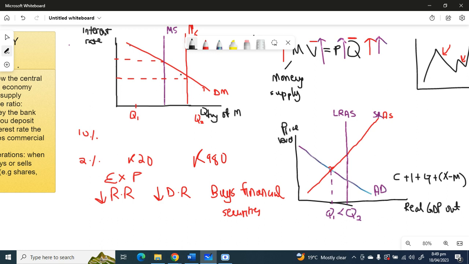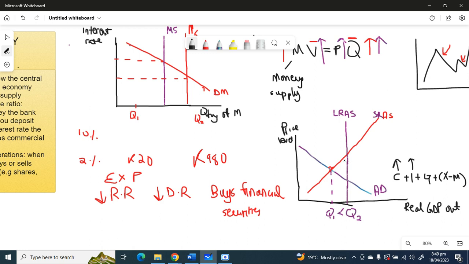So when the central bank increases the money supply, there is more borrowing by firms and consumers. So an increase in consumption spending, since a lot of people are borrowing, they're spending more. An increase in investment spending, businesses are investing in new projects, people are getting hired, people are getting income, more spending.